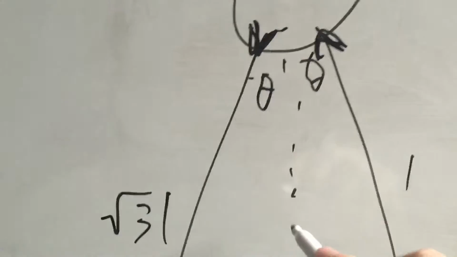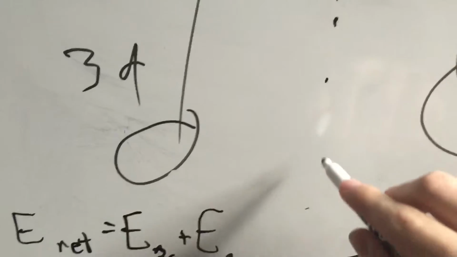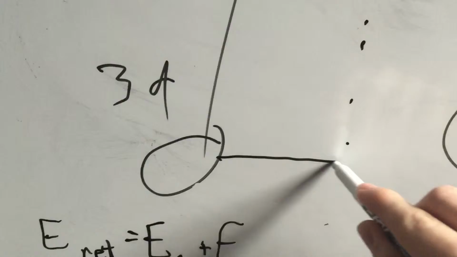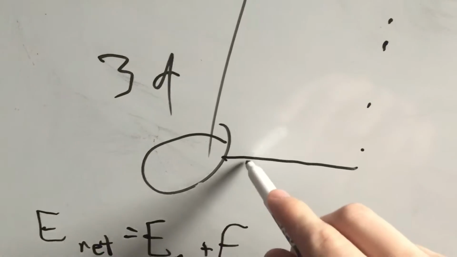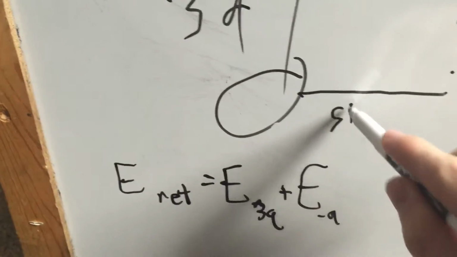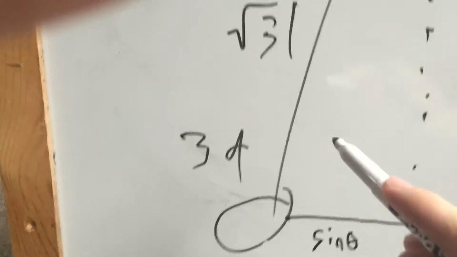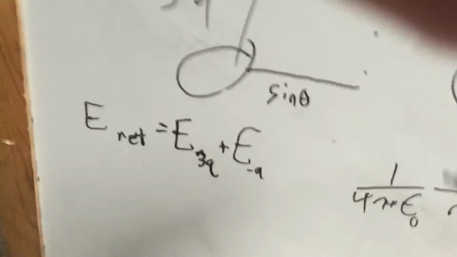And since we have those nice thetas there, you know that this is sine theta, because it's the opposite over hypotenuse.